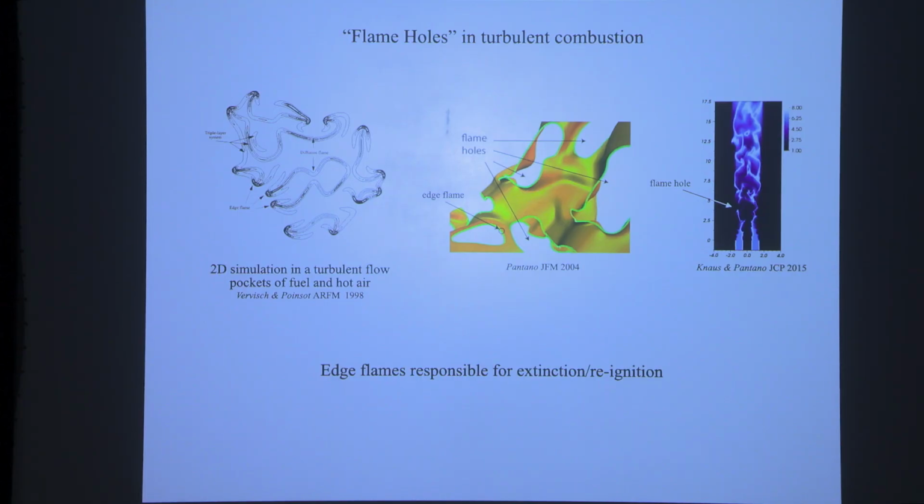And so it can propagate. Premix flame propagates into the mixture. So if it propagates in this direction, it will heal the hole. If it propagates in the opposite direction, which could happen depending on the situation, it extends the hole. It creates more and more extinction.